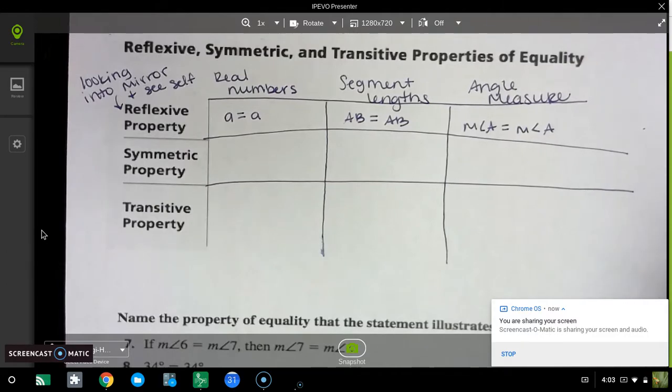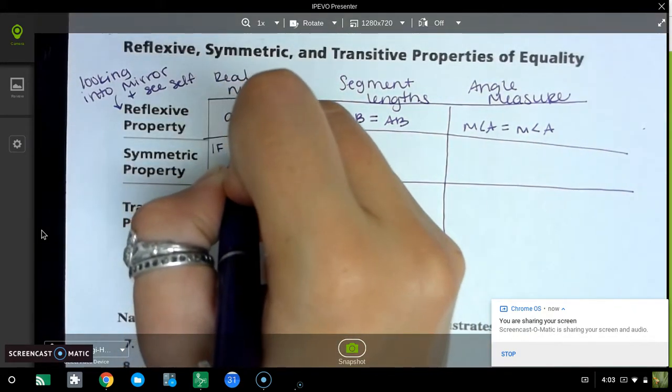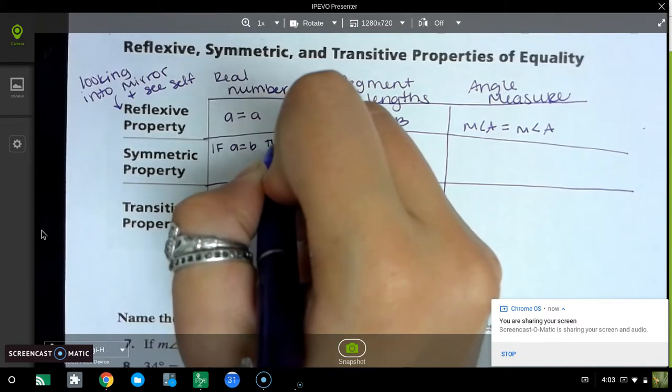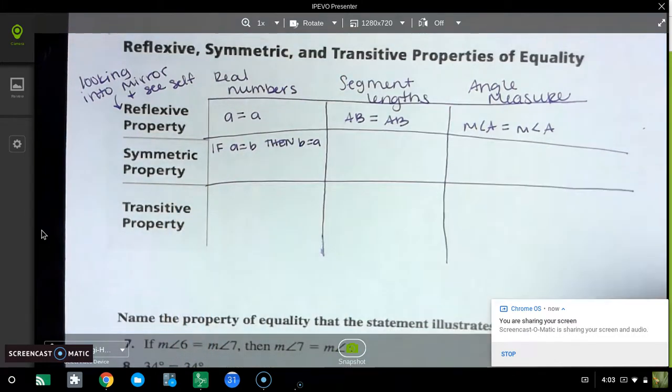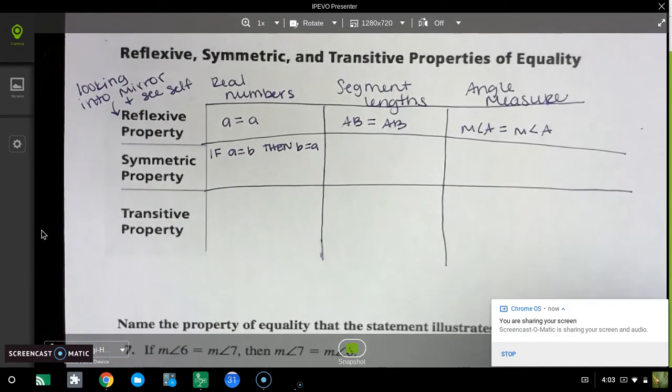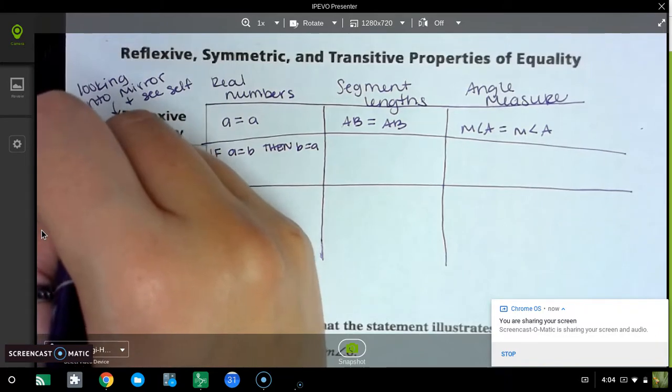Symmetric property. If A equals B, then B equals A. Okay. The way I think about this is it just flips, okay? It's symmetrical, so it flips. Symmetric property, it just flips.